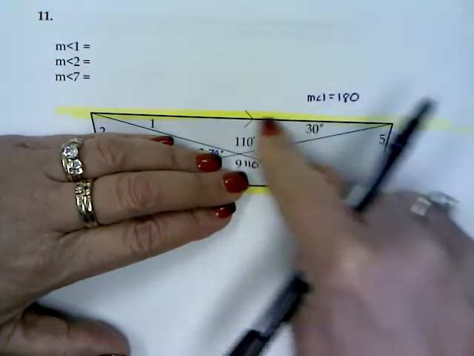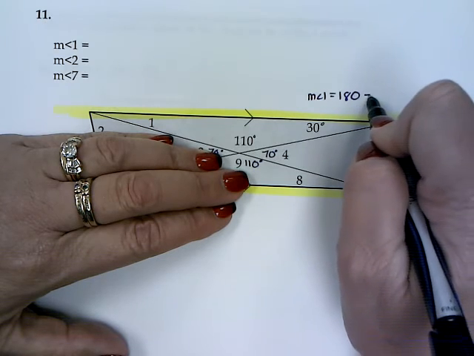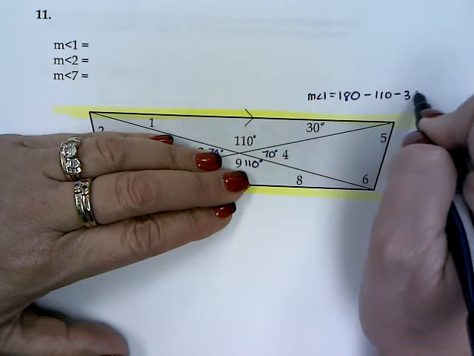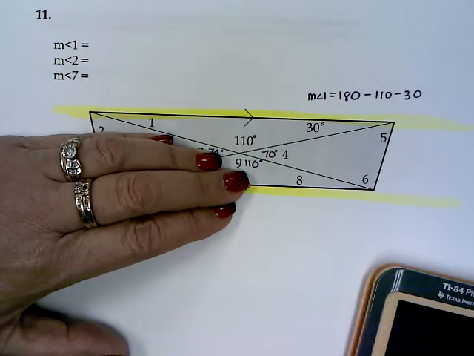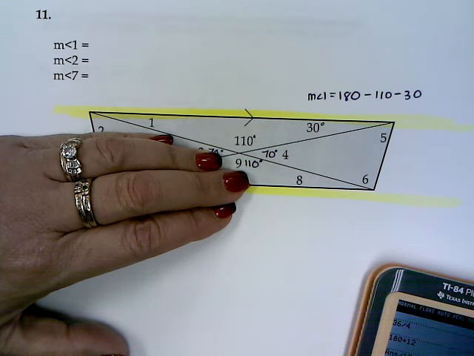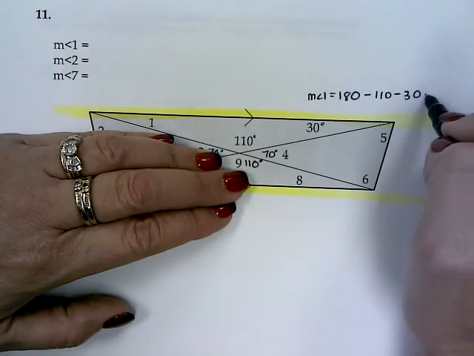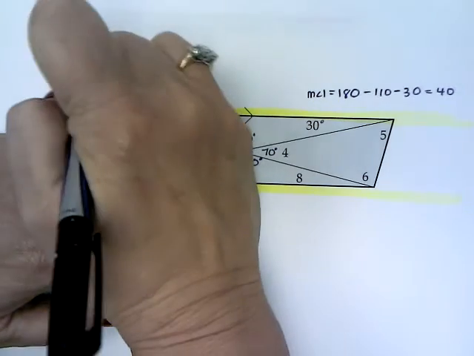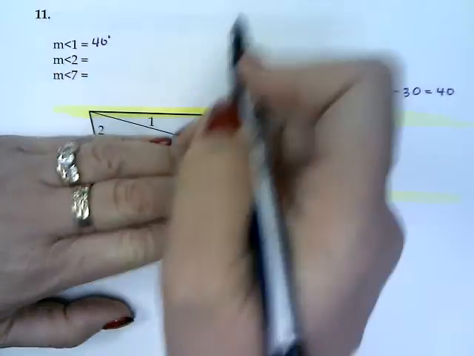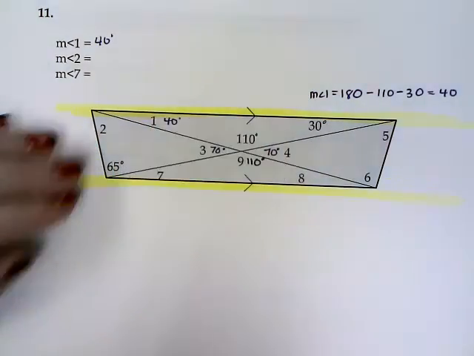It's 180 degrees total, but I have to subtract these off to find the missing angle. So the measure of angle 1 is going to be 40 degrees. I'm going to go ahead and list it in case I need it later.